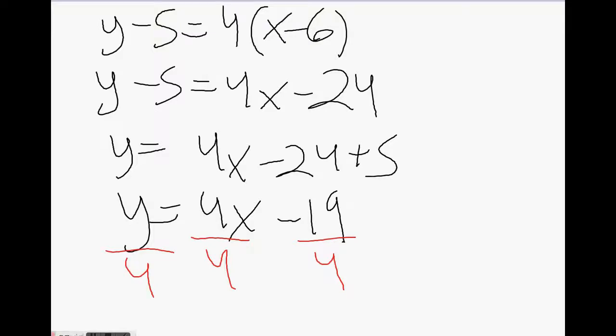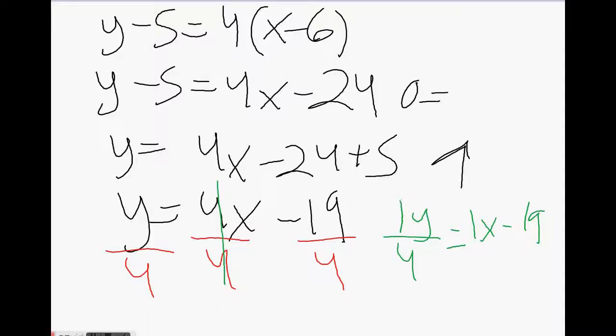So what happens is these 4s cross out and we need to rewrite the equation. So we're left with 1y over 4 equals 1x minus 19. And to get it to equal 0, we just have to subtract the 1y over 4.